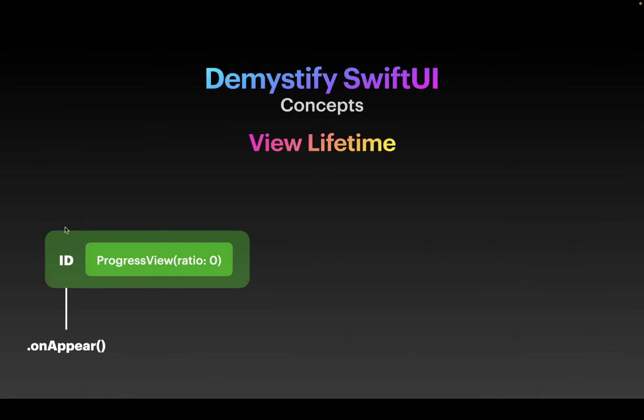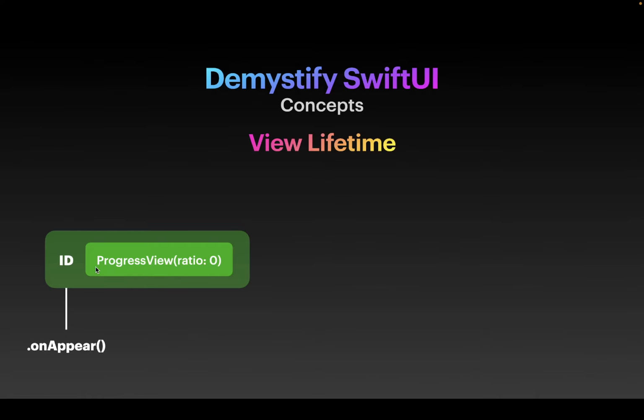When the view starts to appear on the screen, the lifetime of this view starts. During the beginning of the view's lifetime, there's one function that's going to be called, which is onAppear. We're going to get to onAppear later. In the meantime, SwiftUI is also going to assign an ID for that view, and we're also going to talk about the ID later when we get to identity. But right now we create a ProgressView with a ratio of 0.